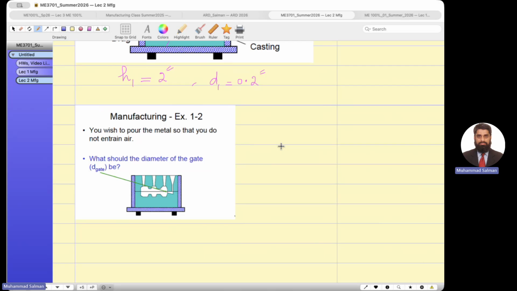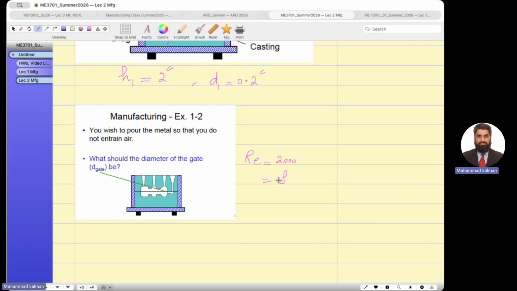Air should not enter. So I would say the Reynolds number for this case should be 2000. You understood that point.